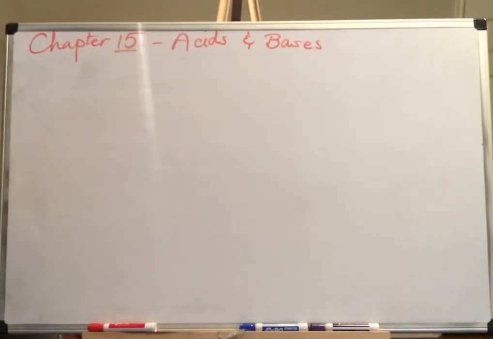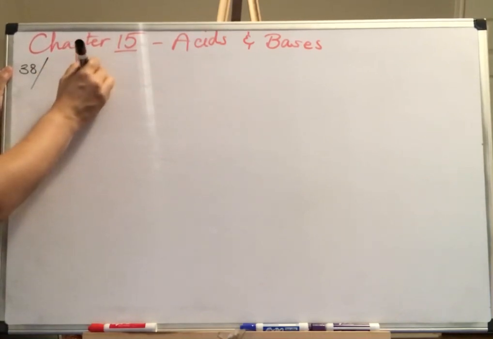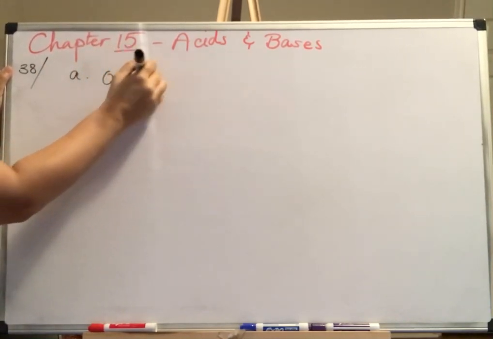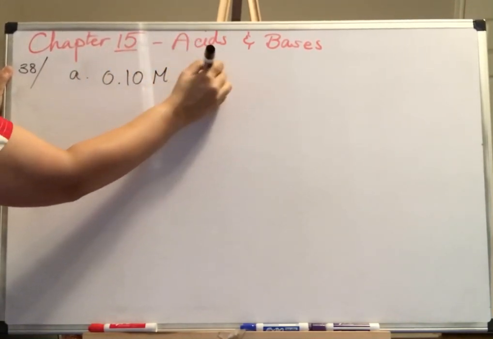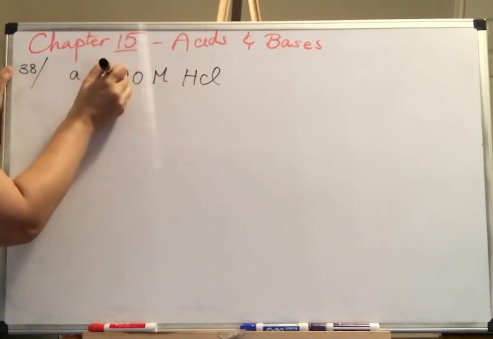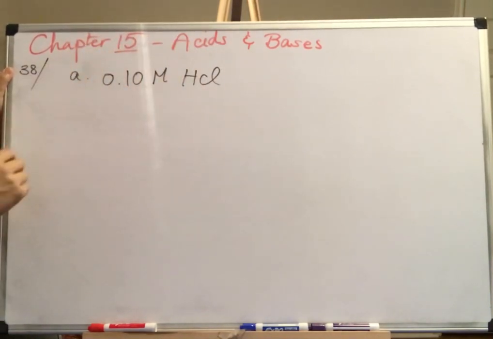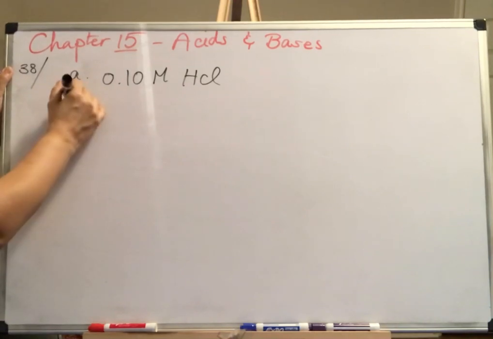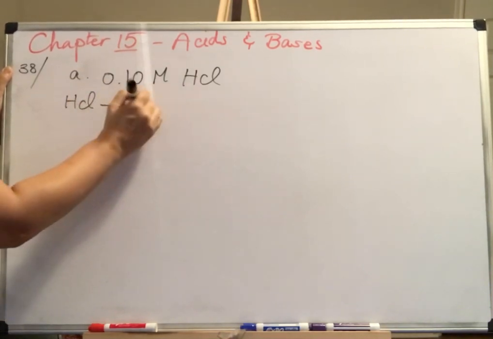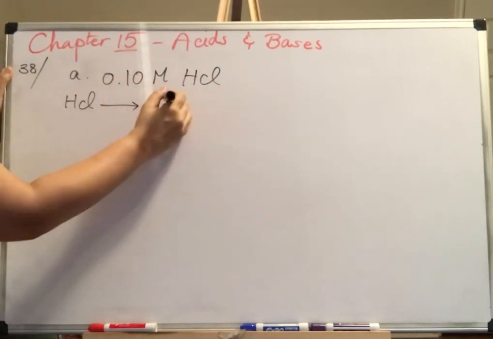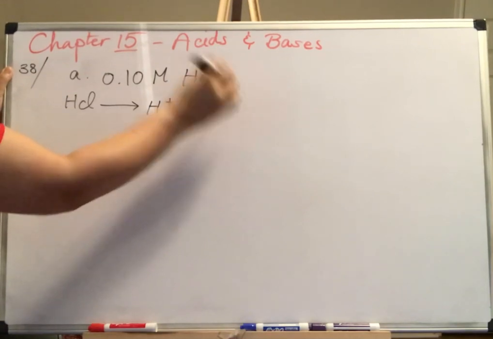the question on slide number 38. It's asking to calculate the hydronium and hydroxide ion concentrations of first 0.1 molar HCl. So when you have HCl, just remember I told you it dissociates completely to hydrogen and chloride.